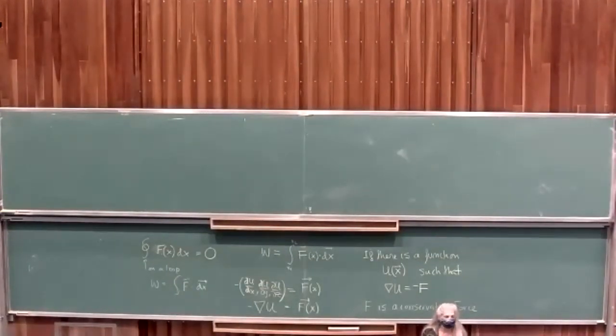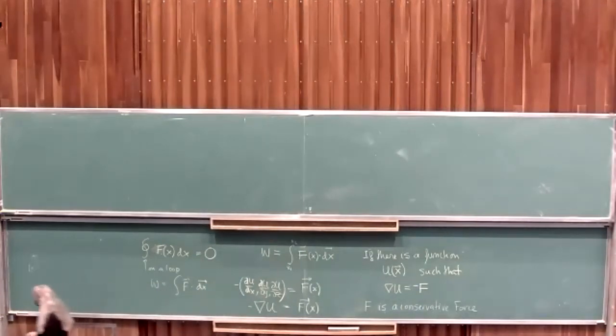That means if I add the potential energy plus the kinetic energy, I get a constant. So for a massive object under a force, there's going to be a conservation law. The energy is conserved, and energy is the sum of kinetic plus potential energy. Okay, so let's talk about conservation of energy.